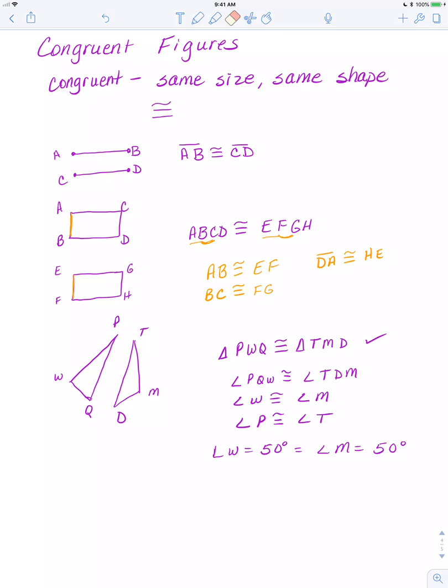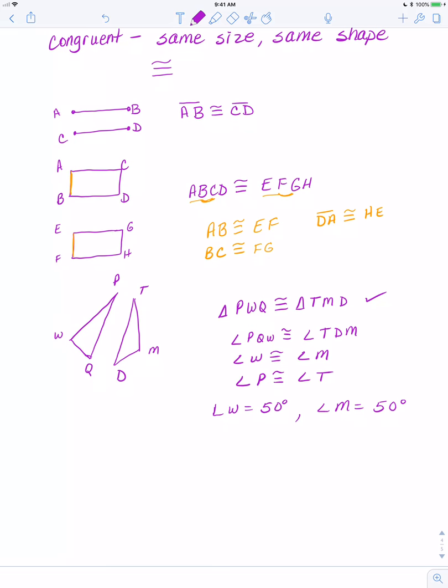So we can write them that way also. If they're the same shape, same size, everything about them is going to be equal. You just have to make sure you're matching its corresponding part. And that is about it on congruent figures. So good luck with that.